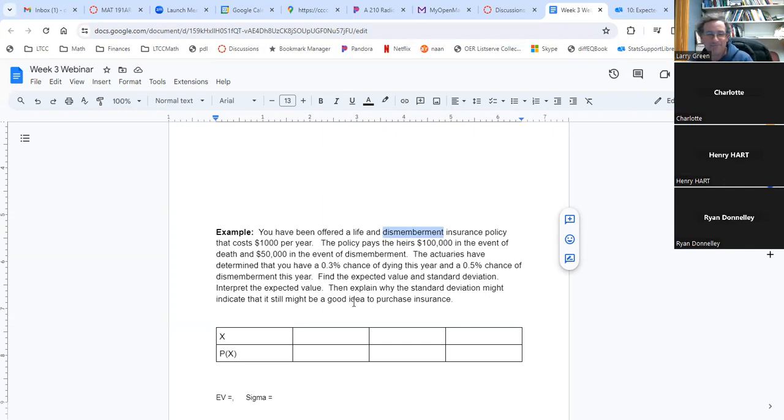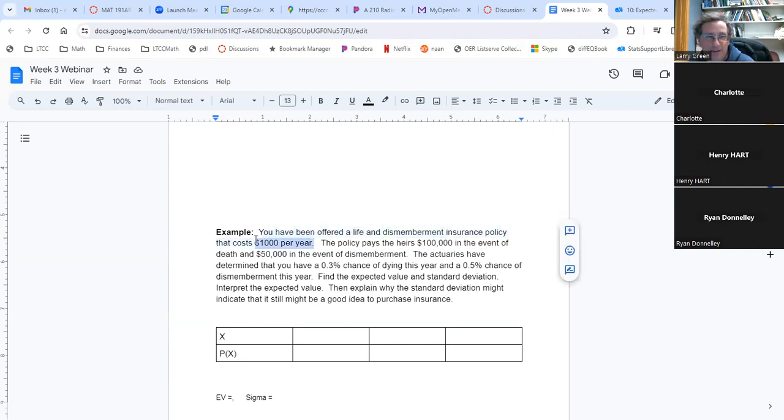That'd be like if your arm got chopped off and you don't die, but it's really bad for you. Does that make sense? Yeah, lose a limb is a typical one. Exactly. Break your back, and then you're stuck lying in bed. You're not dead, but you need insurance for that because all of a sudden you can't work anymore.